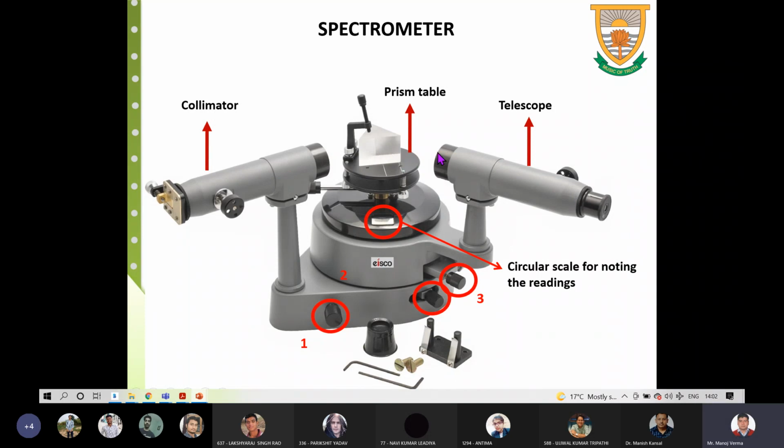Now I will use another word: this is your slit. Source light will enter the collimator through this slit only. A parallel light ray will travel through this collimator, fall upon the prism, and reflect or refract from it, and we will view this light ray, this slit, from this telescope.